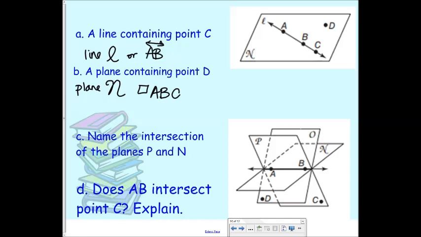Good. AB. Does AB intersect point C? No. So we would call C what kind of point? Good. C is non-collinear. Great job, guys. All right, C is non-collinear.